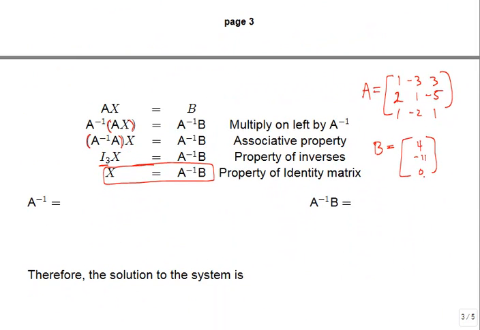Okay, so we know what A is, we know what B is. Now to find the solution X, we first need to figure out what A inverse is, and then do A inverse times B, and that will be my solution.